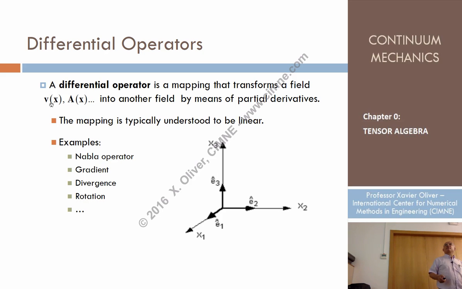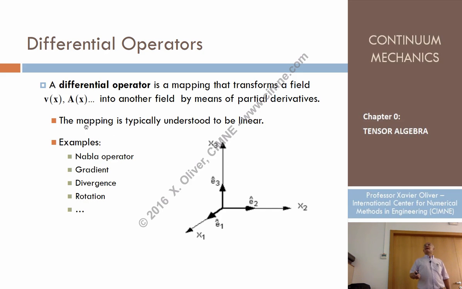So we say a vector is three numbers, okay? But of course, every time I move to different points of the space, taking different values of x1, x2, x3, I could consider that this vector is different. That's what we call a mapping, an application. So sometimes we'll deal with vectors, first order tensors, or second order tensors, which are fields, mappings on the Euclidean space.